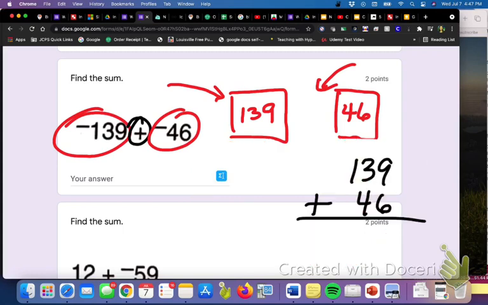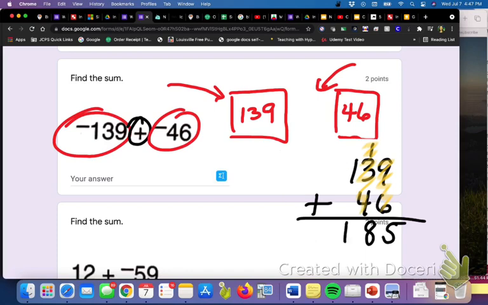So I've just set it up as an addition problem because we're not using calculators. So 9 plus 6 is going to give me that 15, which I'm going to carry my 1. And then 3 plus 4 is 7, plus 1 is 8. Nothing to carry. We're just going to bring that 1 down because there's nothing to add it to either.